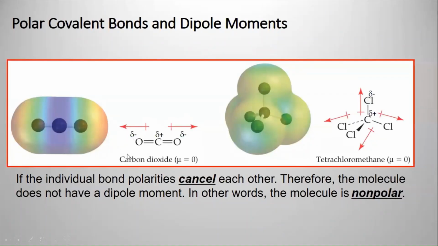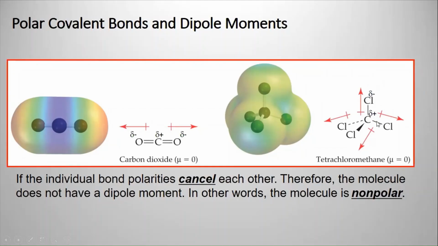What will be the intermolecular forces between carbon dioxide molecules? The intermolecular forces would be London dispersion forces. Why? Because it's non-polar. How do I identify this to be non-polar? The dipole moments are canceling each other. What will be the intermolecular forces between carbon tetrachloride?